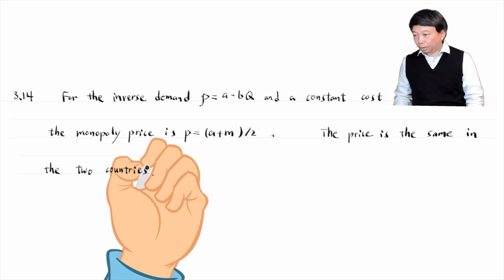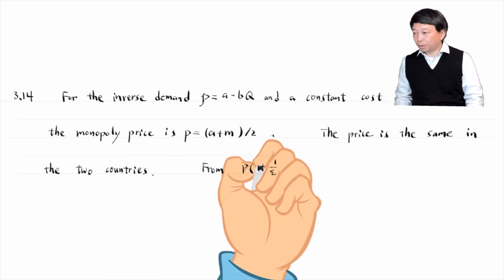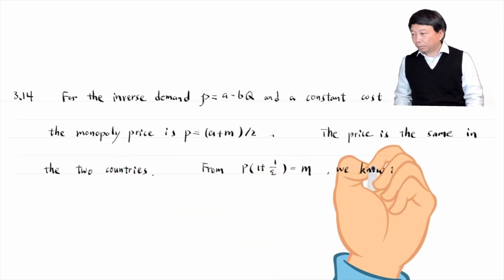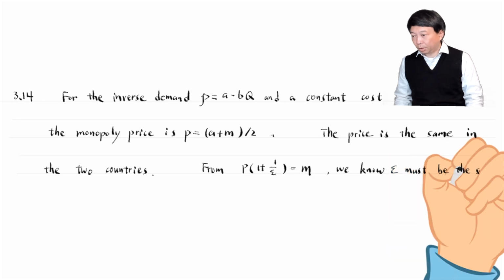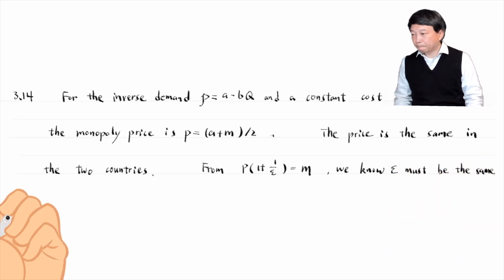From the equation that relates price and elasticity, we know that the equilibrium elasticities in the two countries must be the same.